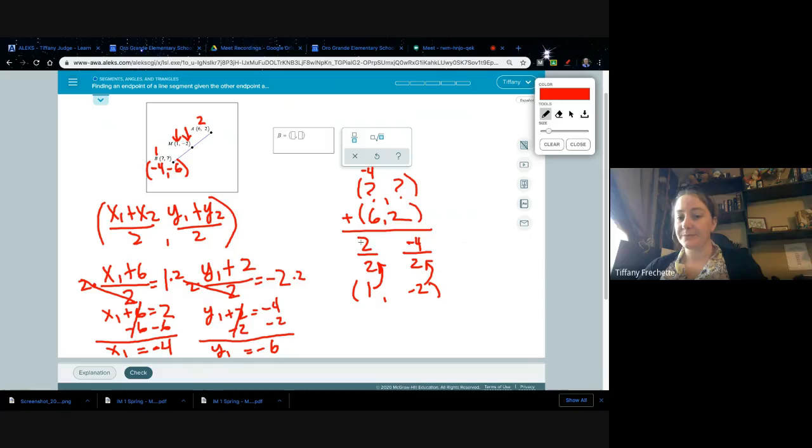That'll get me 2. All right, and then this one, I want -4. I'm starting with 2. So I need something that's bigger than 4 that's already negative. So I have negative, and then I want to take 2 from it, but still end up with 4. Well, that sounds like 6 to me, because if I take 2 away from 6, I get 4, and if it's negative, my answer is negative.